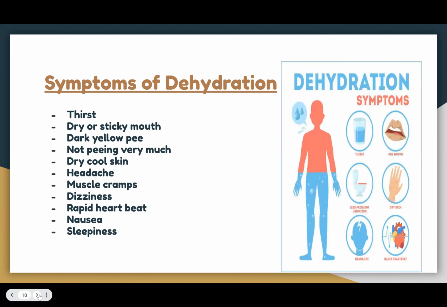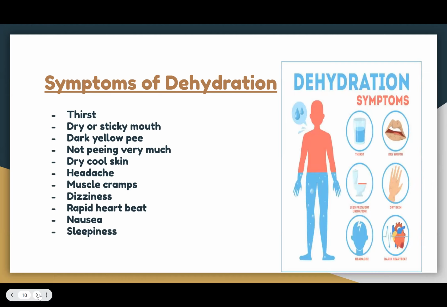So there are many symptoms of dehydration. The common one that people know of is the color of your pee. If it's really light and it looks like water, that means you're well hydrated. But if it's very dark and it's like a darkish brown yellow, it means that you're dehydrated.